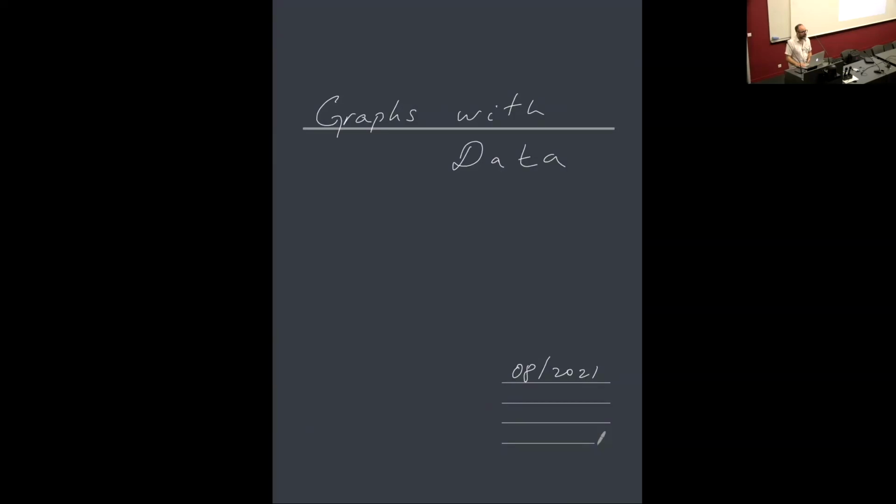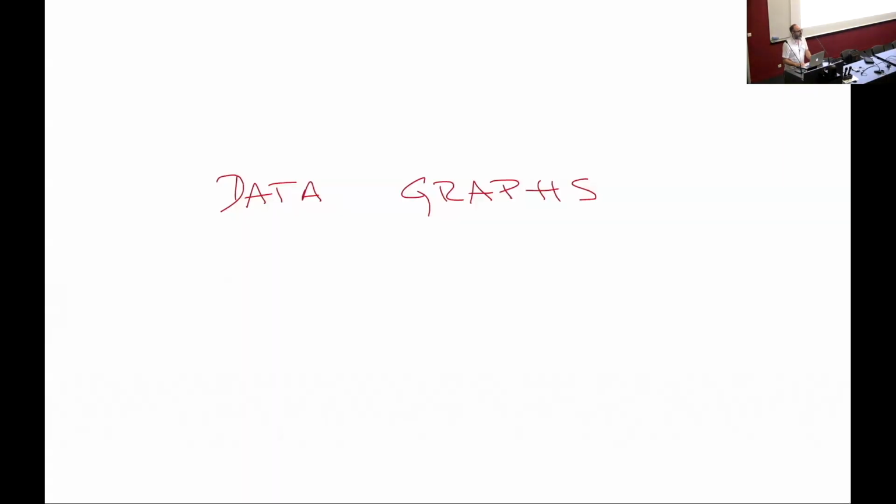So I'm going to talk now about graphs with data. Graph databases as we defined them, and the query languages that we have been considering, only take care about the topology of the data, that is the edge labels.